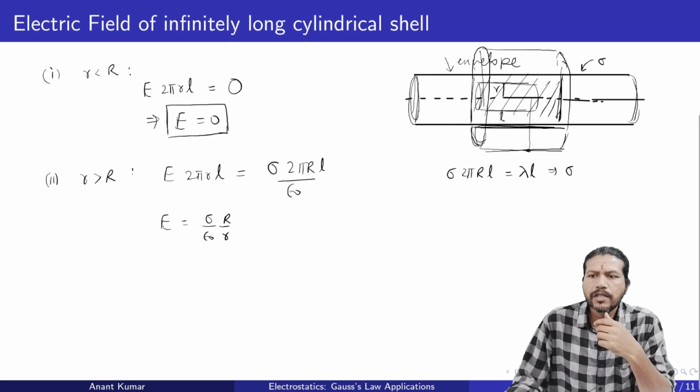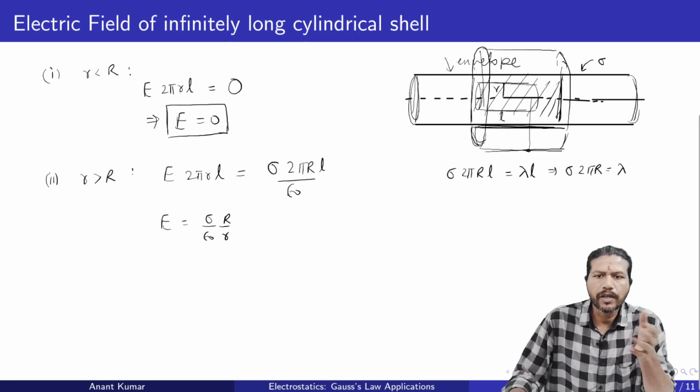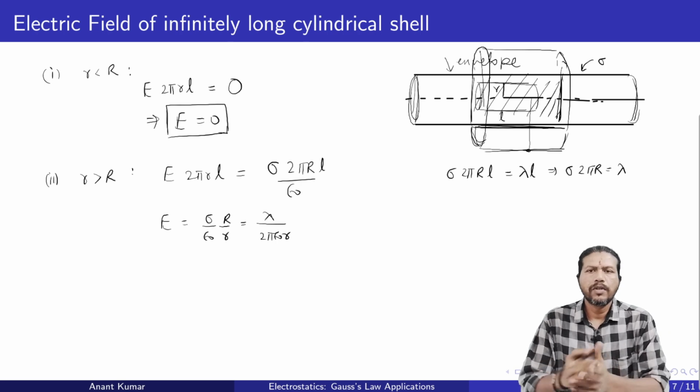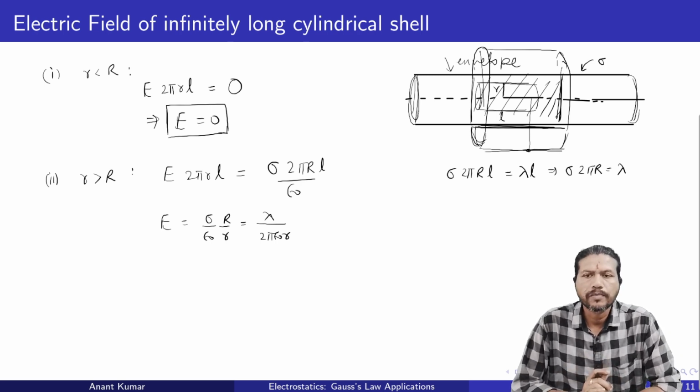That gives us that sigma into 2 pi R is the corresponding linear density lambda. So I can use it over here. I could multiply and divide by 2 pi, and this gives us simply lambda by 2 pi epsilon 0 into r, which is what the electric field is for a line charge as well.